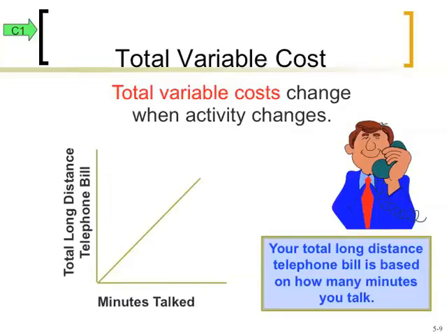A lot of the earlier cell phone plans used to be like this. If we made no calls, we have no bill. If we made 100 calls, our cost would go up on a cost per call basis. So our total long distance bill changes as the number of phone calls changes.